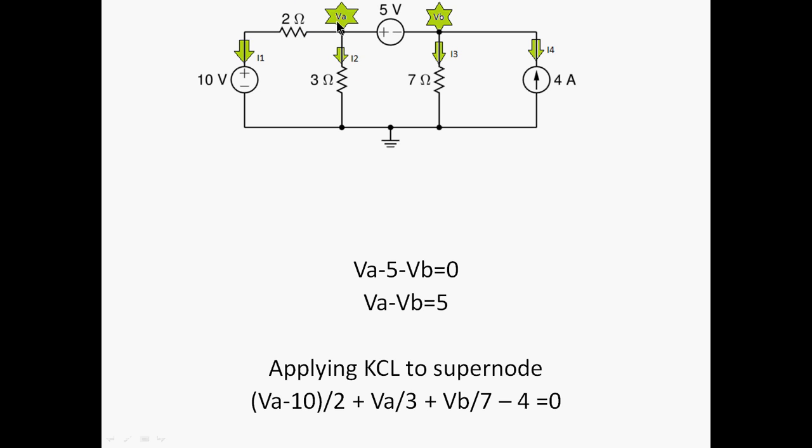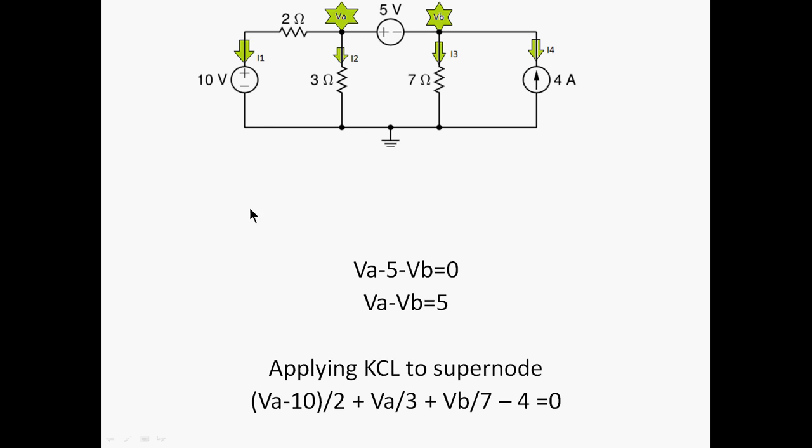The first two steps remain same, that is we have to assign node voltages VA and VB, and we can assume outward going currents I1, I2, I3 and I4. However, I cannot directly apply KCL on VA and VB, that is the node A and node B. I have to apply KCL on the super node.